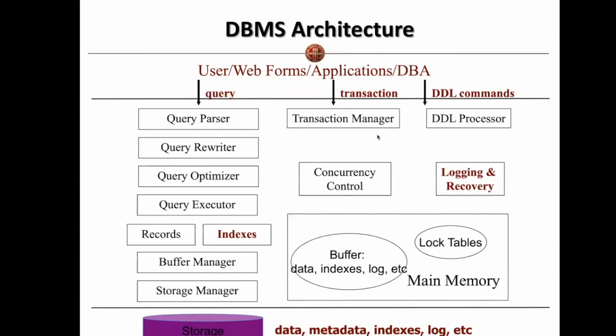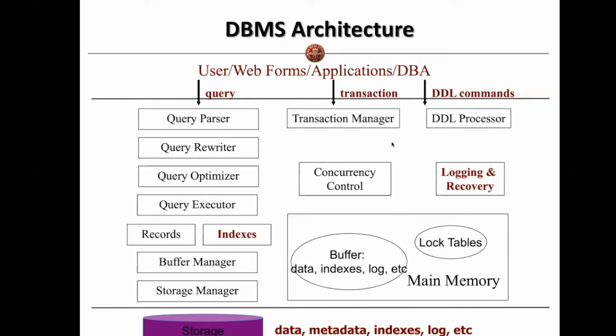And when a transaction comes in, the process will be very similar. We have one transaction manager, which will translate the transaction into multiple queries, and then we go to query processing as well. And when the DDL commands come in, we have a DDL processor, and we translate the commands into some queries as well, and execute them.